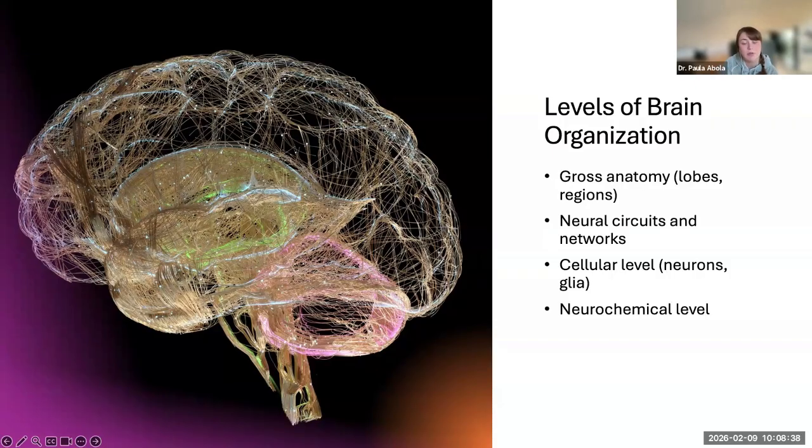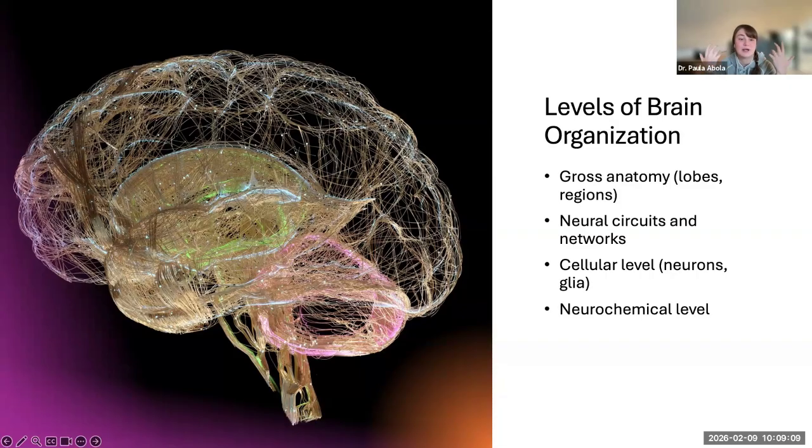At the broadest level, we can look at gross anatomy, so large structures such as lobes, cortical regions, and subcortical systems. This is often the level at which neuropsychologists work because damage or dysfunction at this scale tends to produce recognizable patterns of cognitive and behavioral change. However, this is only one piece of a much larger picture.